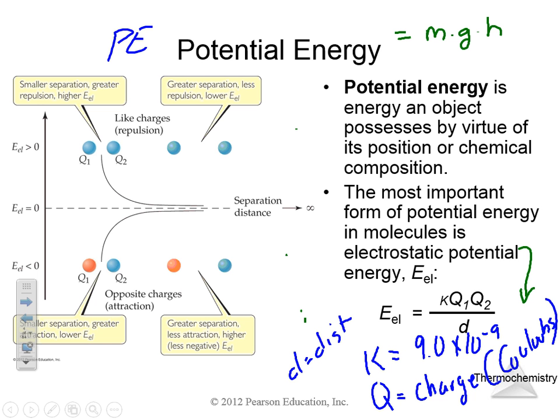The m represents mass, the g represents gravity, and h is the height above the ground that you are. Remember that g is 9.8 meters per second squared. That's the rate at which an object is accelerated due to Earth's gravitational field. So, two types of potential energy exist there. We have electrostatic on the bottom, and we have just general potential energy as a basic refresher on top.